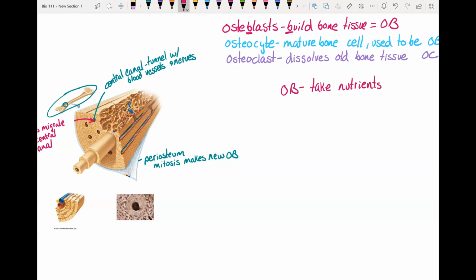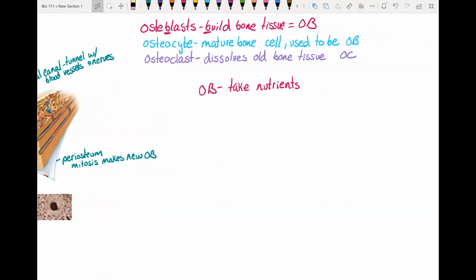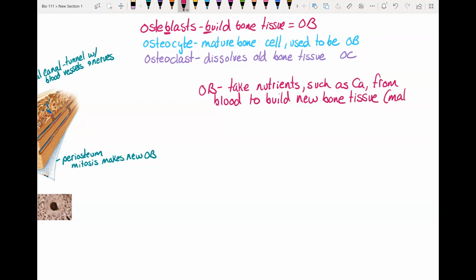And they take lots of nutrients, but calcium's the one we're going to focus on. And another word for bone tissue is matrix. We can call it bone matrix.